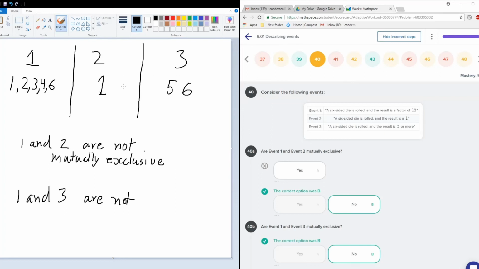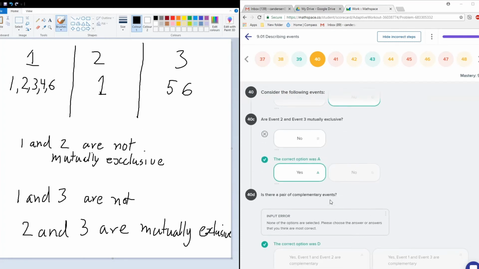Well, they can't happen at the same time, so they are mutually exclusive. So 2 and 3 are. Right? So ask yourself, can they happen at the same time? If yes, then no, it's not. If they can't happen at the same time, then yes, they are.